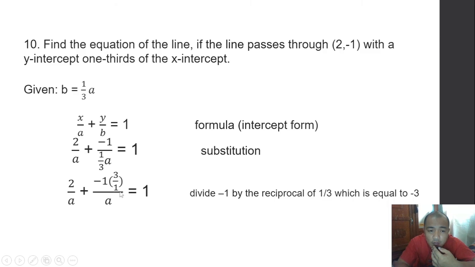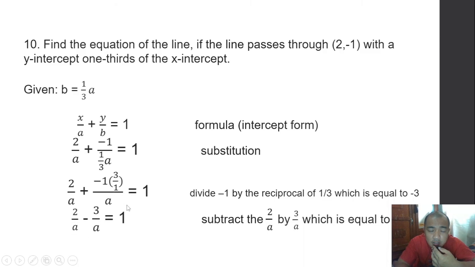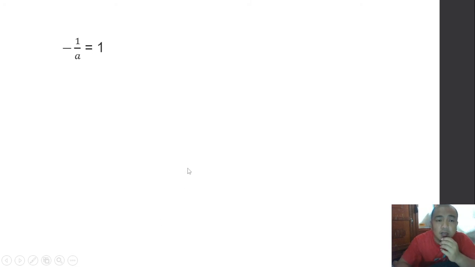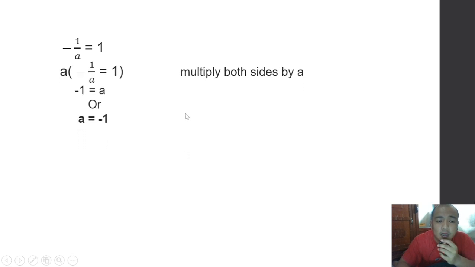Negative 1 times 3 over 1 is negative 3. So it becomes 2 over a minus 3 over a equals 1. They have the same denominator, so we can just subtract: 2 minus 3 is negative 1 over a equals 1. Multiply both sides by a, a equals negative 1.